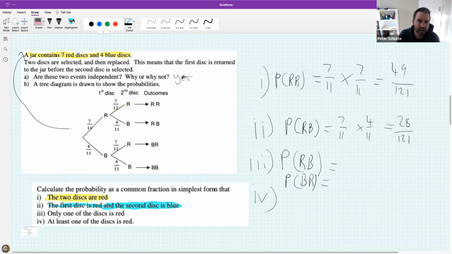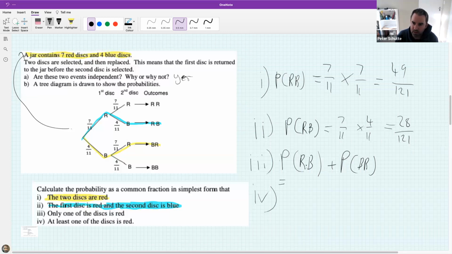So let me highlight them here. That one is one pathway, and then the other pathway where only one of them is red is that. So what you need to do is actually add these two probabilities together, because both these pathways describe a favorable outcome. So find me the answer to that.